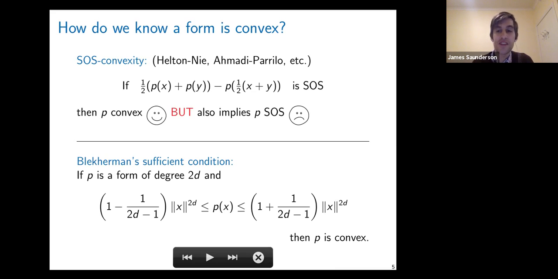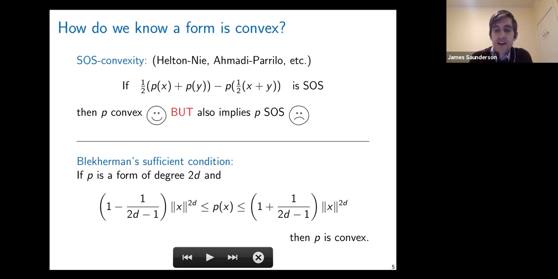Another way to think about this is to dehomogenize onto the sphere, and to say this is the same as saying that if a form P takes values between 1 minus 1 over 2d minus 1 and 1 plus 1 over 2d minus 1 on the unit sphere, then the form is actually convex. So what's the intuition behind why this makes sense?